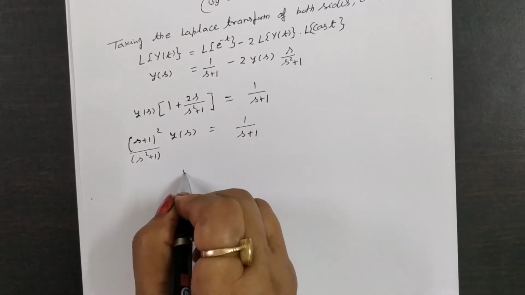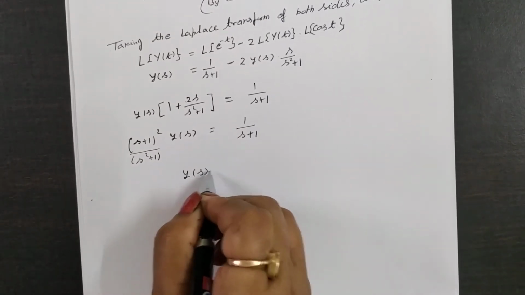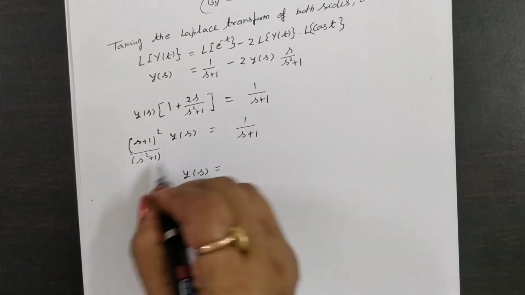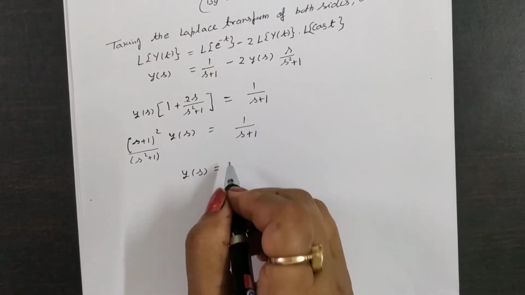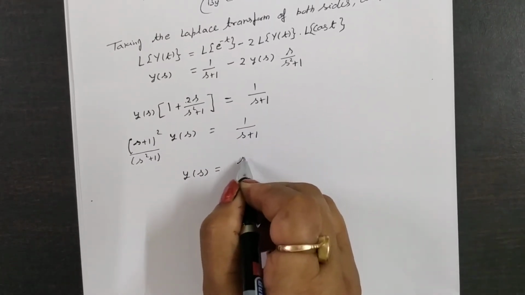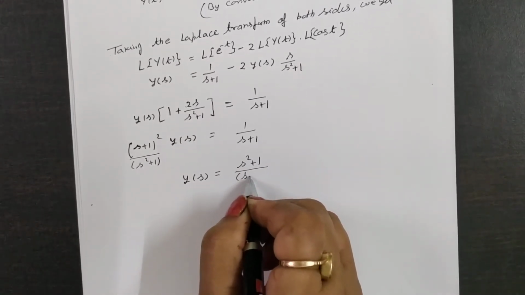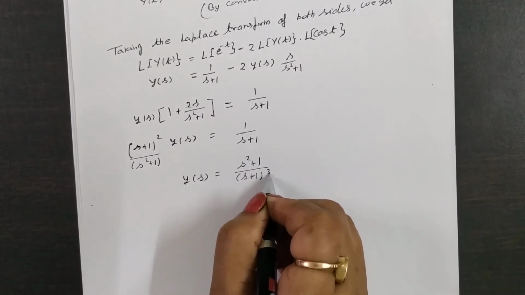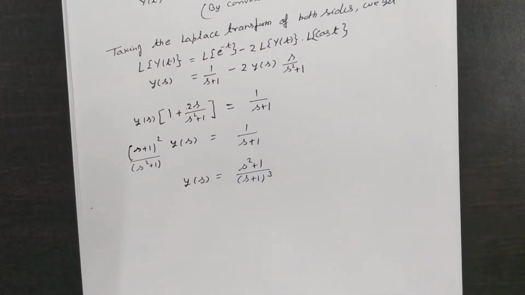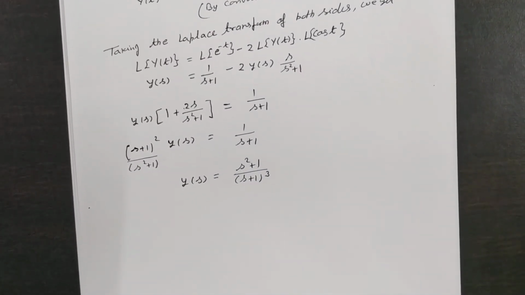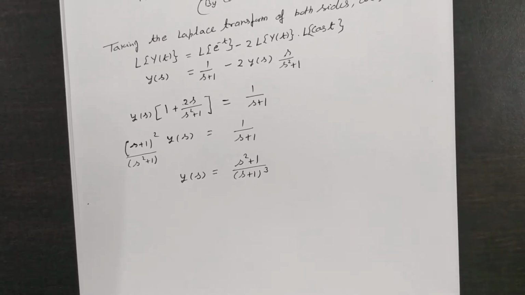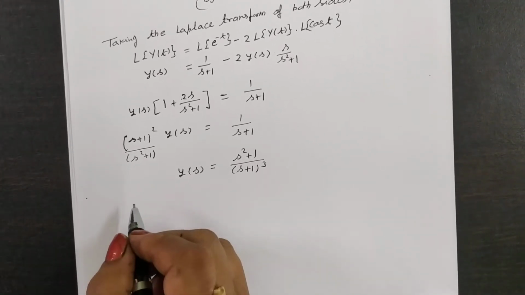So this is equal to (s²+1)/(s+1)³. Yes, clear? Okay. Now taking the Laplace inverse on both sides.